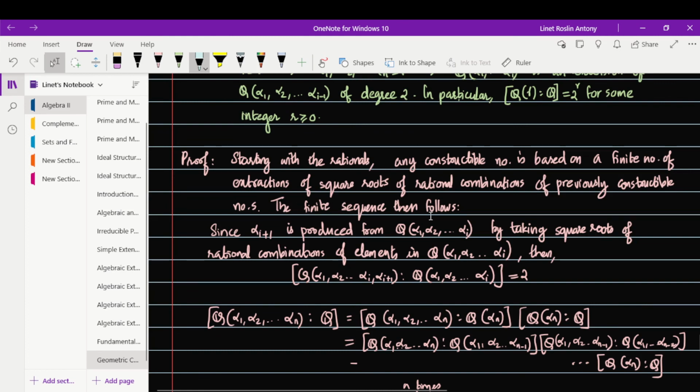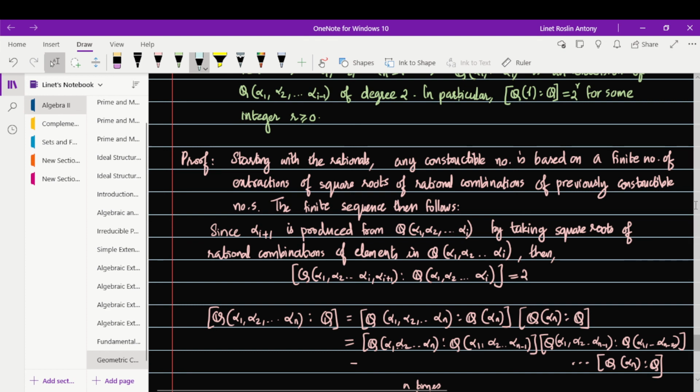And then the finite sequence follows like that, since alpha i plus 1 is produced from Q(alpha 1, alpha 2, etc., alpha i) by taking square roots of rational combinations of elements in Q(alpha 1, alpha 2, etc., alpha i), then the degree of Q(alpha 1, alpha 2, etc., alpha i, alpha i plus 1) over Q(alpha 1, alpha 2, etc., alpha i) is equal to 2.